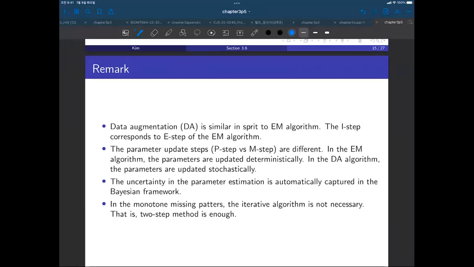So the I step and E step are essentially the same, but the parameter update steps are different.